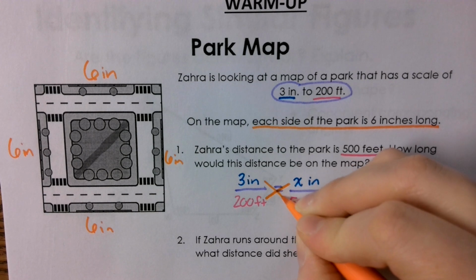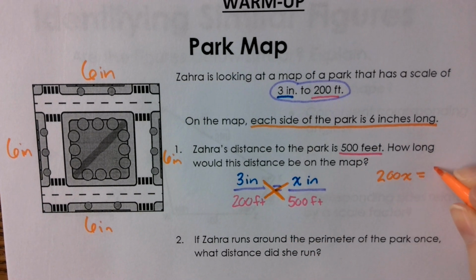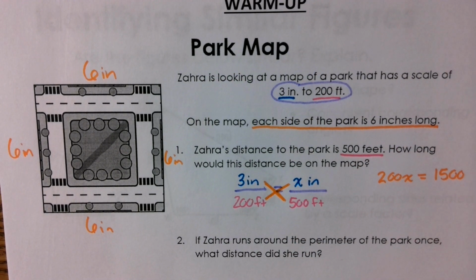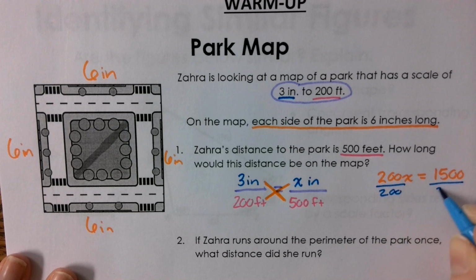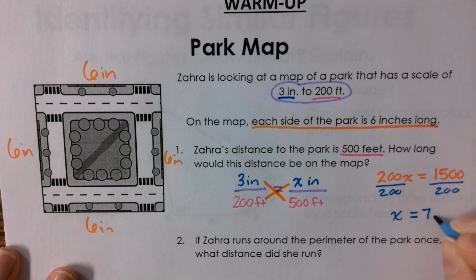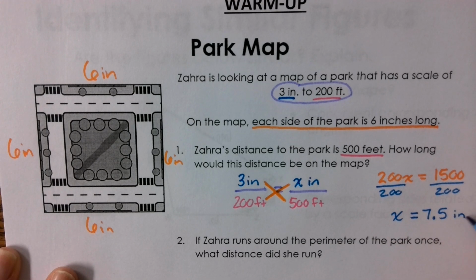Then we can do 3 times the 500, and that would give us 1500. And then from there, we can just go ahead and divide. So we would divide both sides, in this case, by 200. And we would get that x is going to be 7.5 inches on the map.